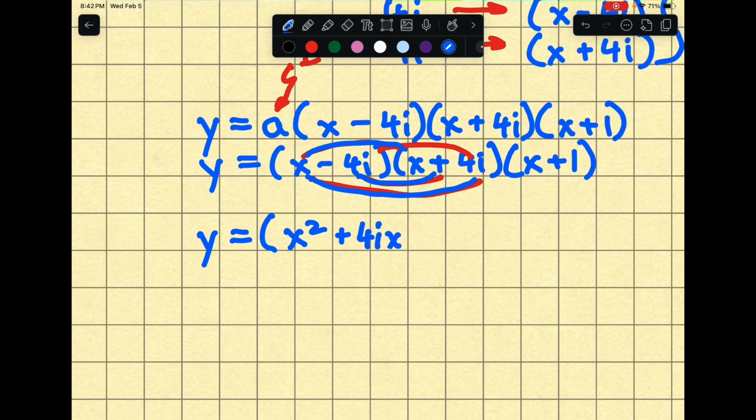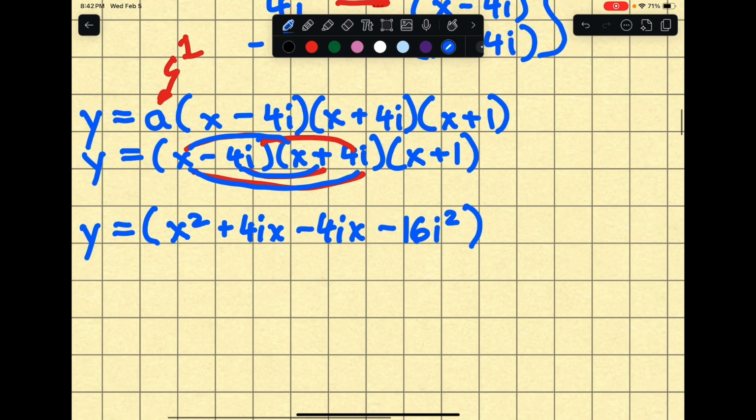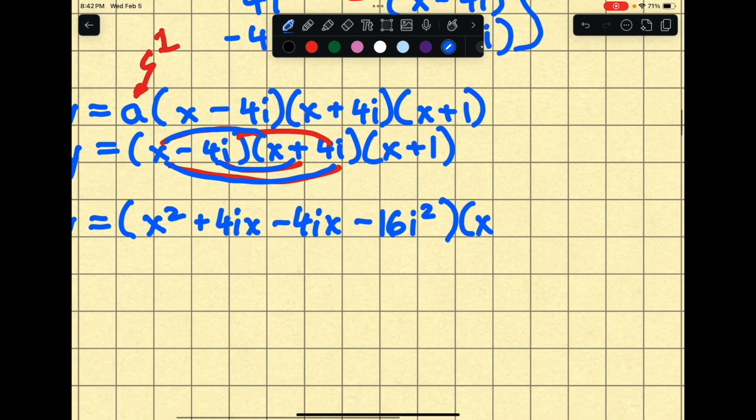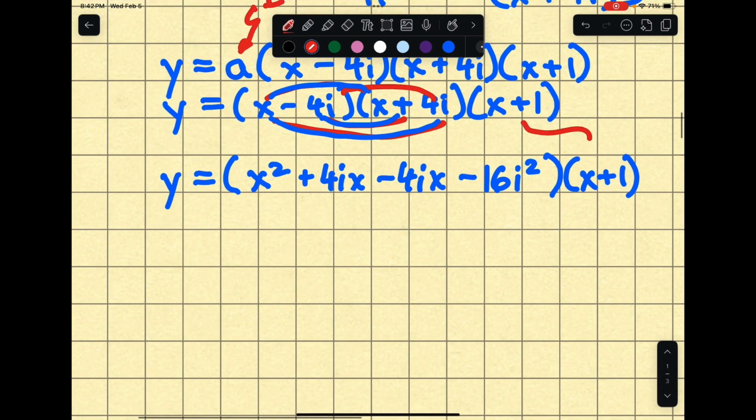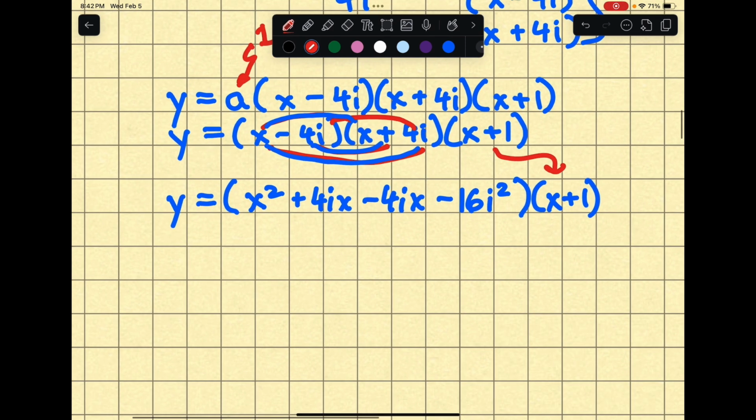Then our inner, which would be minus 4ix. And then our last, which would be minus 16i squared. And all this is still multiplied by x plus 1, because we still have this third factor waiting for us to do something with it in a second.